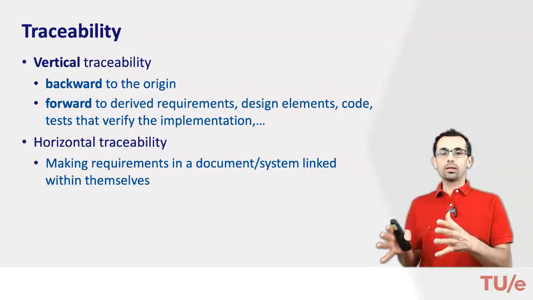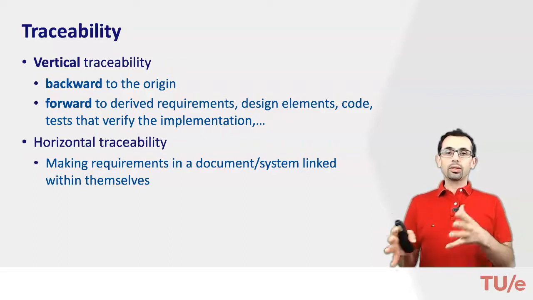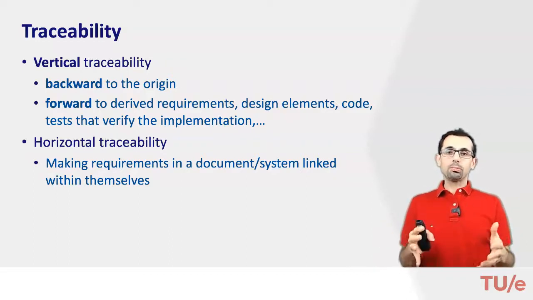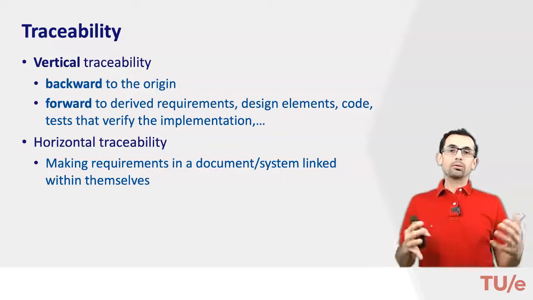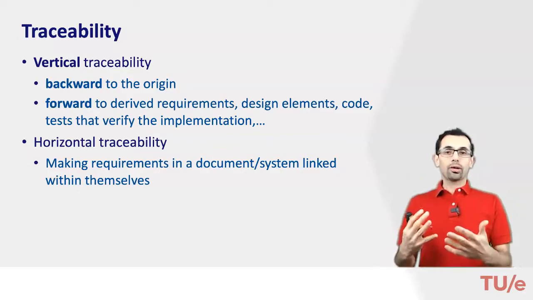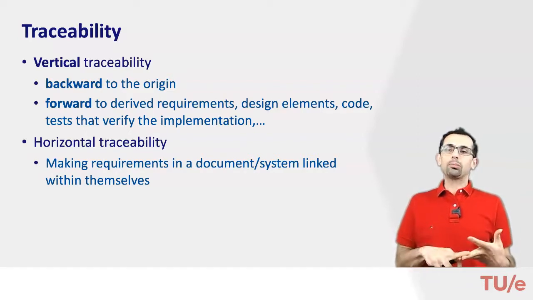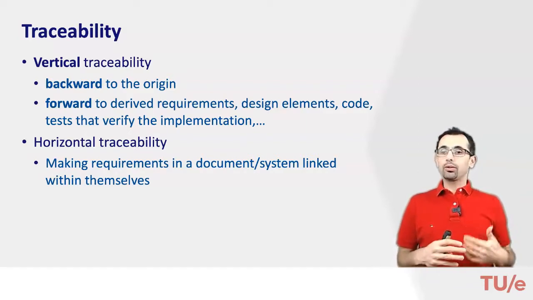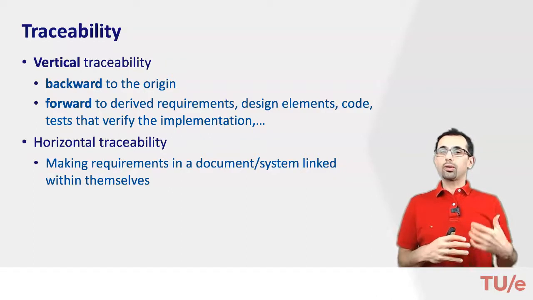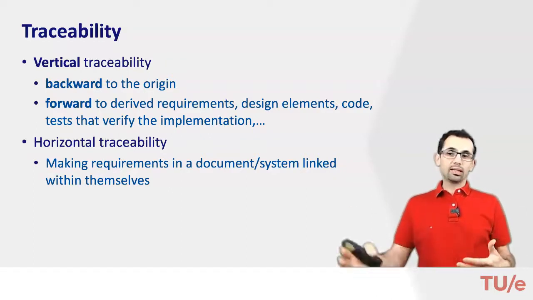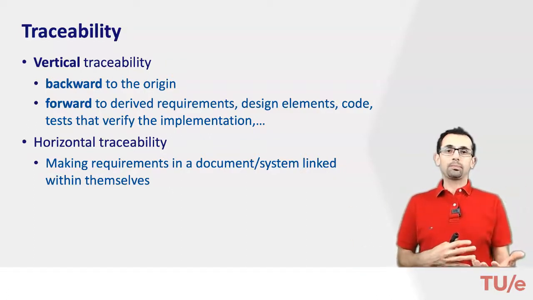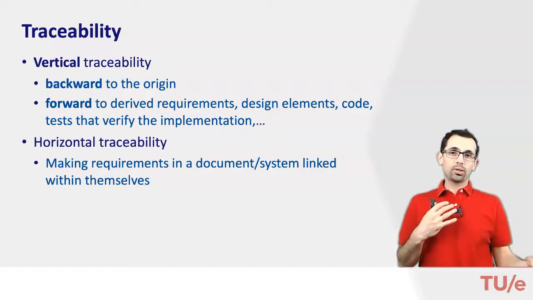One is vertical traceability, and in vertical traceability we can talk about 2 types, backward and forward. Backward to the origin of the requirements, meaning business requirements or user requirements or system requirements, or forward to the derived requirements or to the design elements, code, tests, and so on. Okay, so backward and forward traceability.